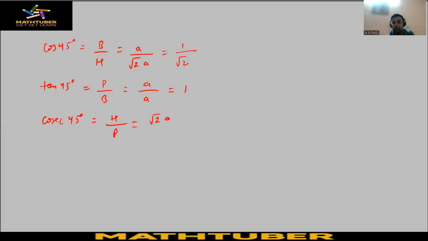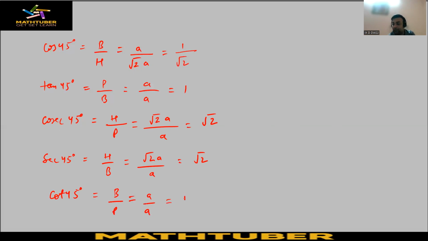So it will be root 2 A upon A, that is equal to root 2. Sec 45 degree will be equal to h upon b, that is root 2 A upon A again, which is equal to root 2. And cot 45 degree is the reciprocal of tan 45 degree, that is b upon p, that is equal to A upon A, which is equal to 1. So these are the values of the trigonometric ratios for 45 degree.